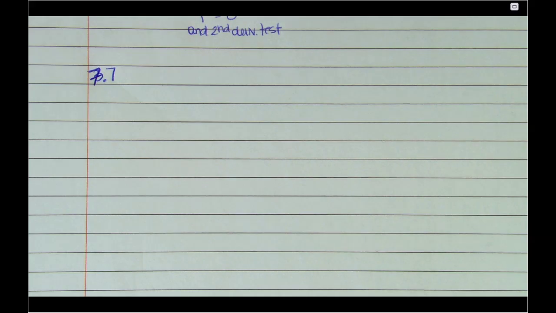So we are skipping ahead to 7.7 because this is dumb. This is truly an application of derivatives, and your book puts it in chapter 7 that we don't even cover. This is on the AP test, though. It's all over the AP test. This is one of the most helpful things that I will teach you, especially if you detest disguised derivatives.